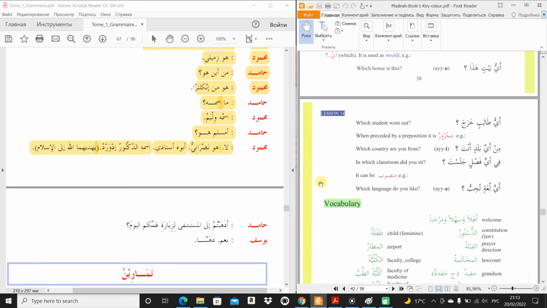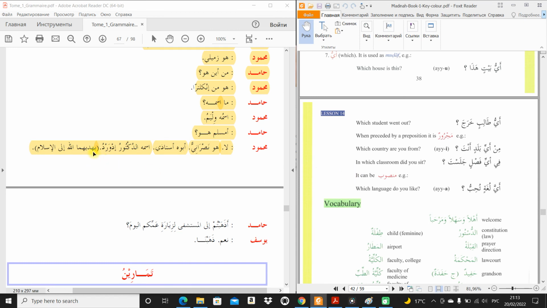Because as I've said in the previous lessons, in the Arabic language, there are 3 types of numbers. It might be singular, it might be plural, and it might be 2. It's called muthanna in the Arabic language, and it's used when we are talking about 2 things.